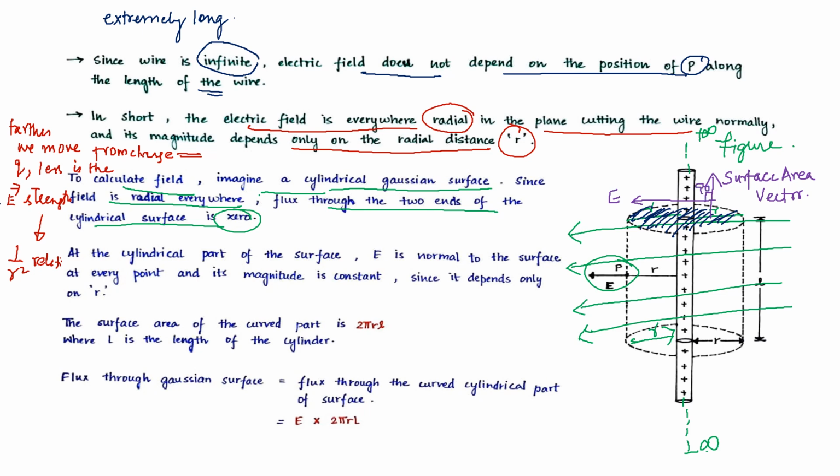They are making an angle of 90 degrees. So electric flux equals E dot S equals ES cos theta equals ES cos 90. Cos 90 is 0, so the whole thing will turn out to be 0.